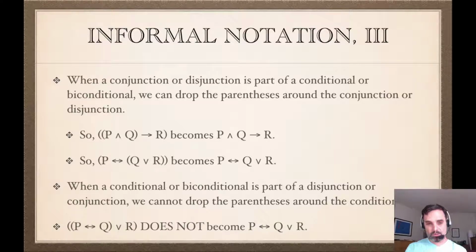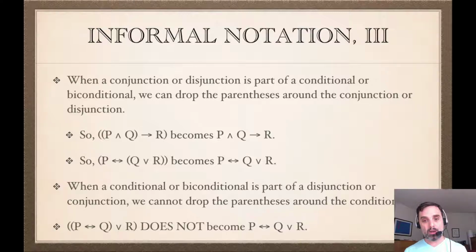So that's what we have. Here, as an example of what doesn't happen, we have this disjunction, P if and only if Q, or R. The main connective of that is the disjunction. You cannot drop the parentheses around the double arrow.